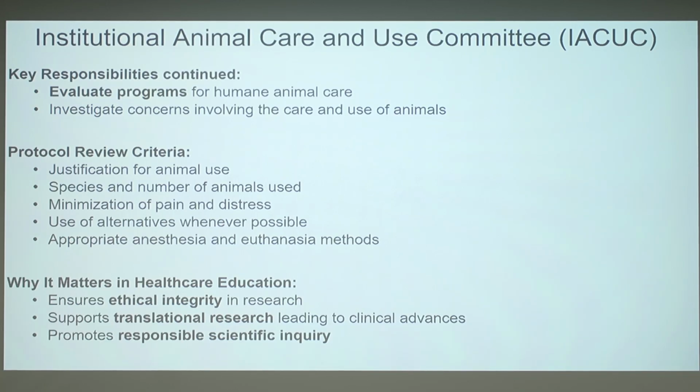For your protocol, they're looking at the number of animals that you use. Is it too many? Is it too few? Are there alternative models that you can use for your studies instead of using animals? And how are you discarding or euthanizing your animals? Is it in a safe and humane way? That's the most important component of the IACUC committee for animal research.